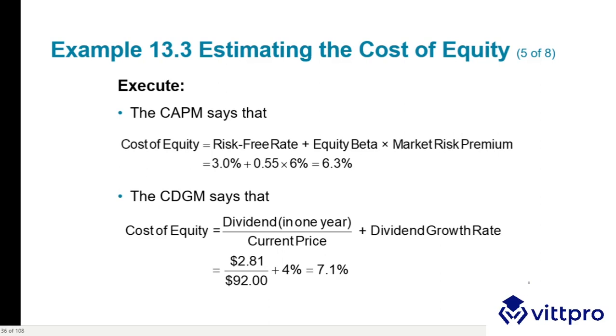So one company that has a higher weighted average cost of capital may not invest into a project that another company feels is more valuable, because they may have a lower weighted average cost of capital, maybe because their beta is less, they don't have that much expectation in dividend growth rate, so their cost of equity is lesser. So that's a difference. The cost of equity will be different from investor to investor, from company to company, and that's why the weighted average cost of capital will also be different.